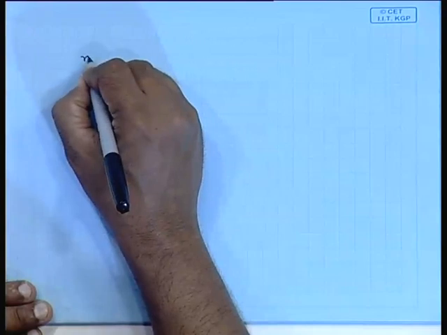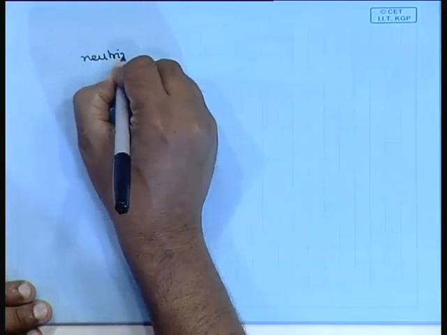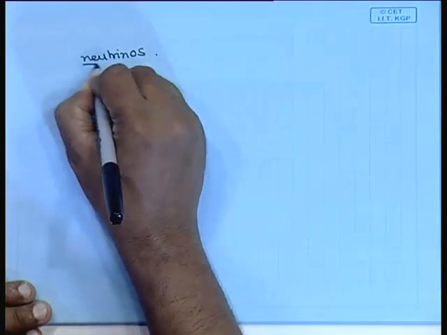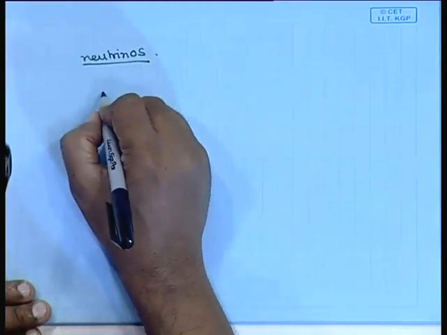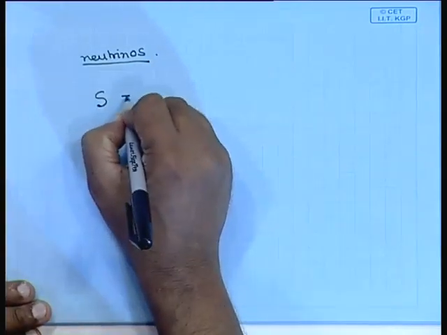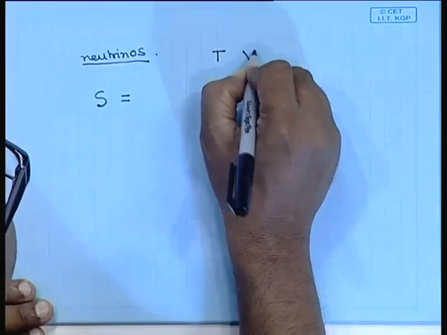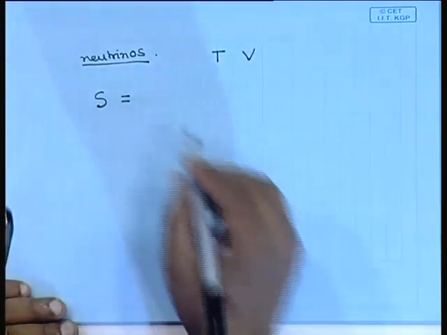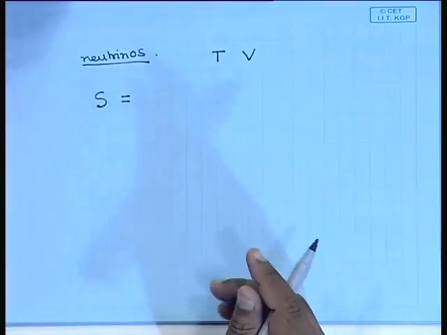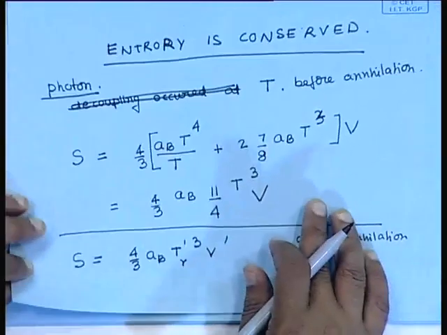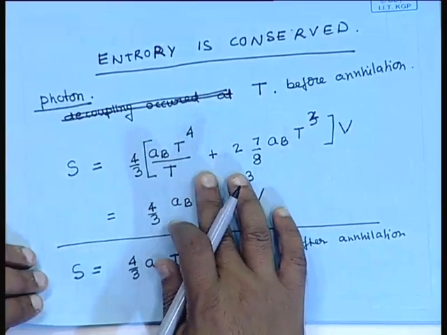Now for the neutrinos, before annihilation at temperature T, volume V, that is before annihilation, the entropy, so there are n neutrino species.